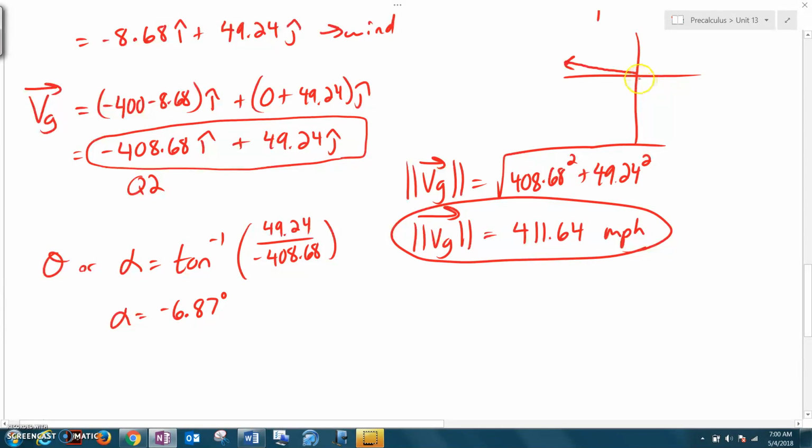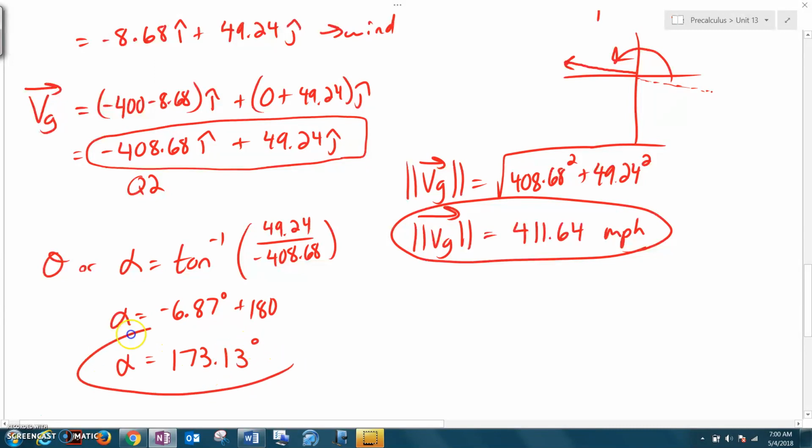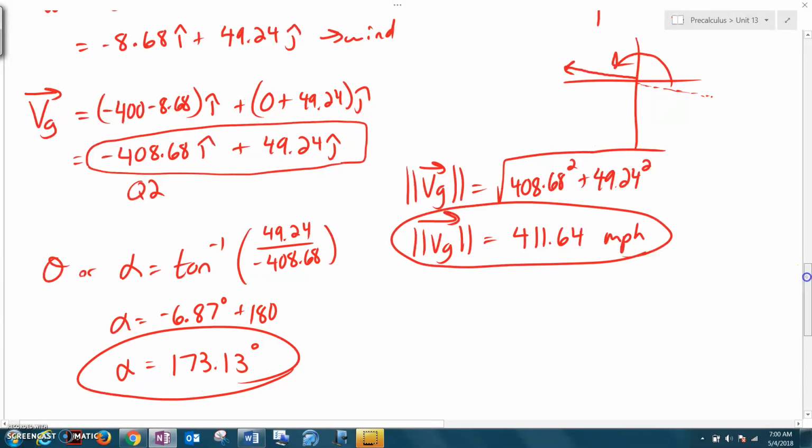Well, that angle is in quadrant 4. So again, to get from quadrant 4 to quadrant 2, we have to add 180. So the airplane angle is 173 degrees, so it's almost all the way west like it was to begin with, but the wind pushed it a little more northward. So that's the direction the plane is in, and that is the magnitude of the velocity.